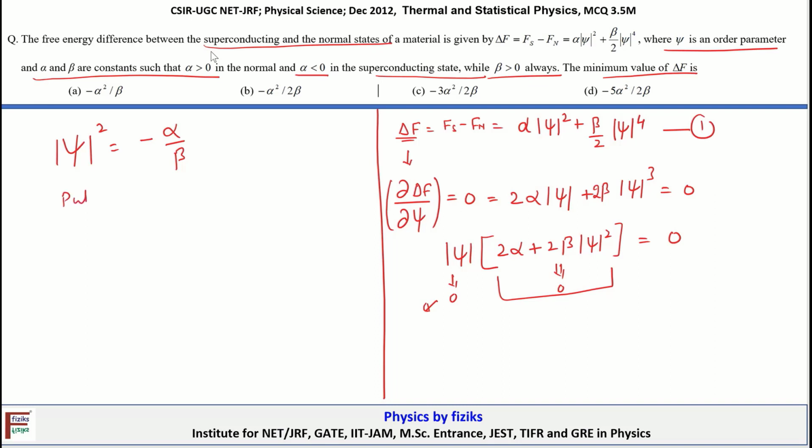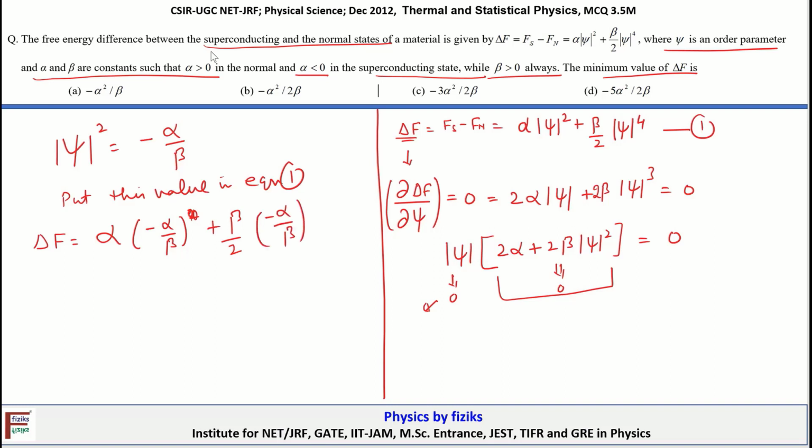So put this value in equation 1 and we obtain the minimum free energy, delta F, that is equal to alpha into psi square, which is minus alpha upon beta, plus beta by 2 into psi square squared, that is minus alpha by beta and its square.